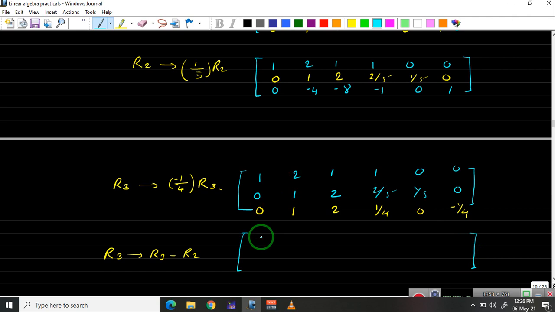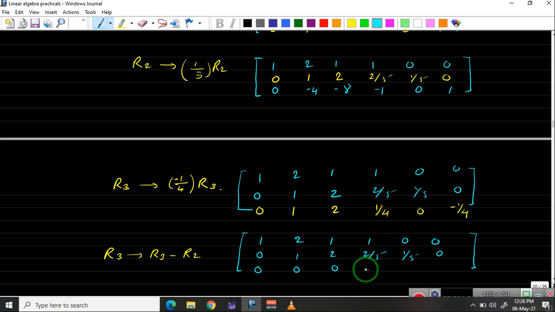So first row as it is: 1 2 1 1 0 0, then 0 1 2 2 upon 5 1 upon 5 0. This is 0, 1 minus 1 is 0, 2 minus 2 is 0. And here we will have another entry, which is 2 upon 5 minus 1 upon 4 minus 2 upon 5.